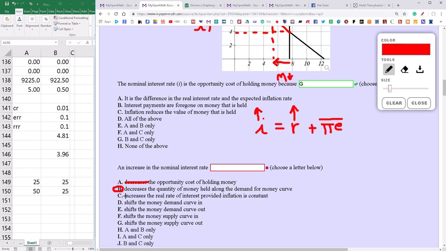So I'd say B and C are correct. The money demand curve does not shift. We have a movement along money demand. So the money demand doesn't shift, and money supply doesn't shift. So I'd say B and C, J.